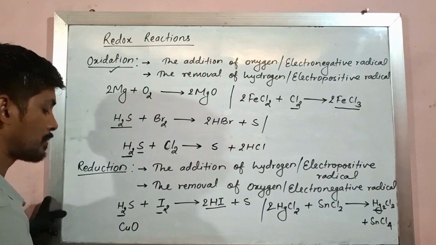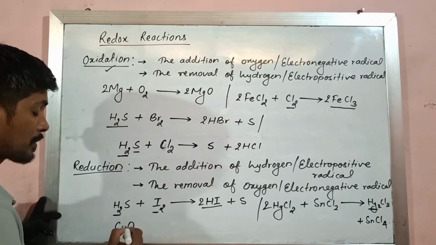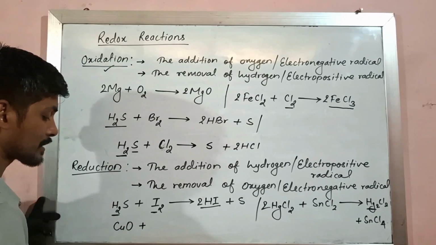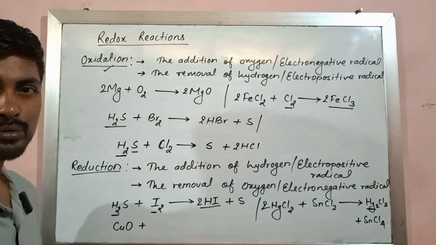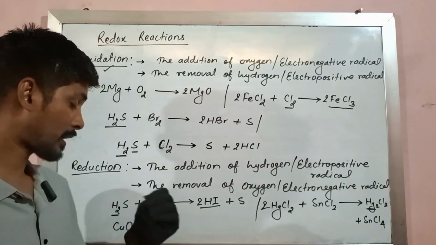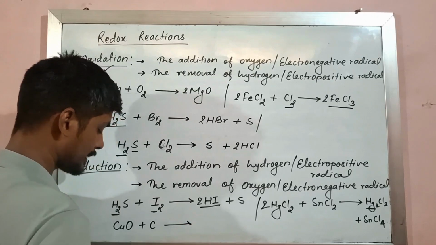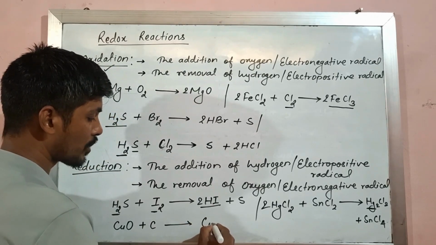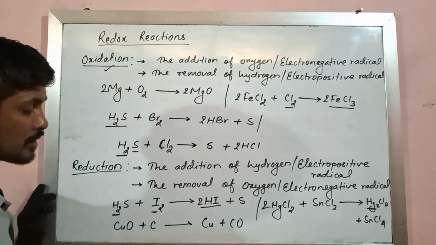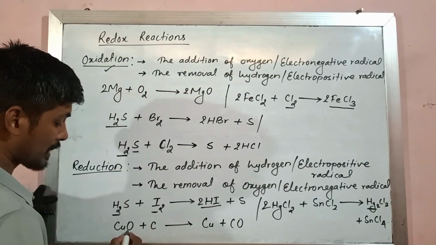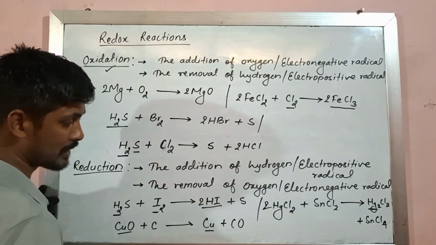Suppose we have a copper metal combined with oxygen, copper oxide. This copper oxide, when it comes in contact with carbon, forms copper metal and carbon monoxide. In this process, what happened here? From this copper oxide, oxygen is removed.